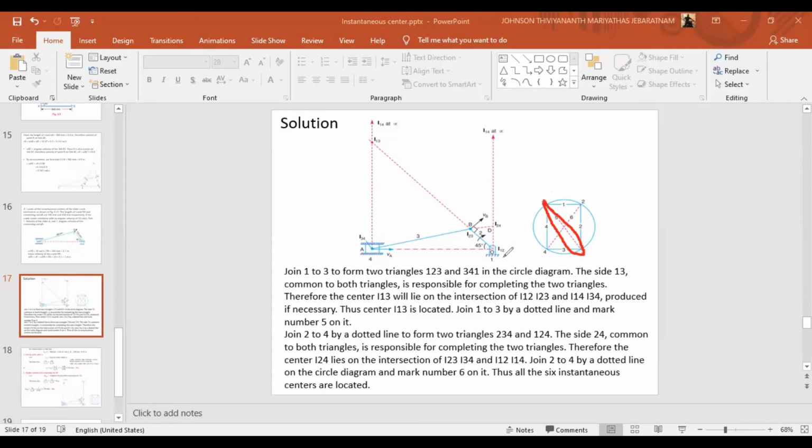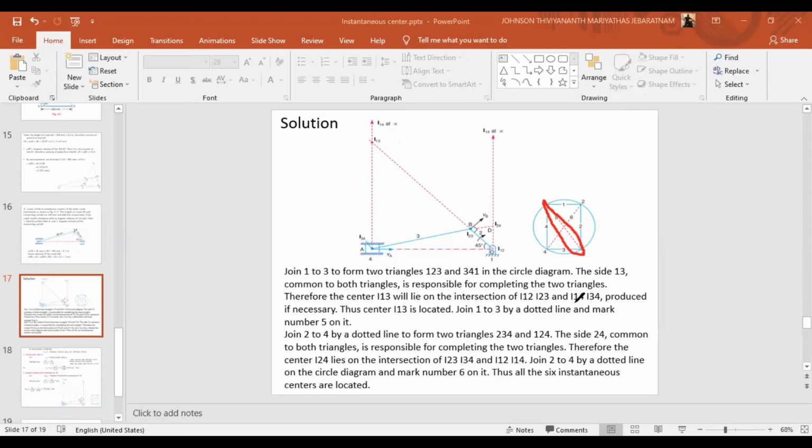So in the diagram, we will search for that I12, I23, right? I need to produce this link. When I produce it, it is going there. Based on these 2, we are going to produce the other one also.